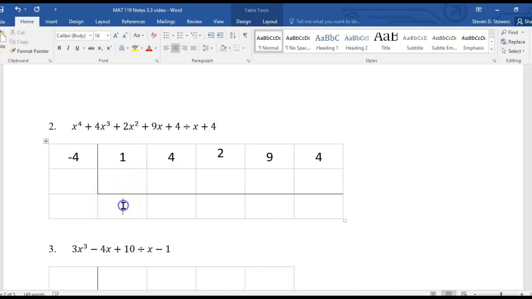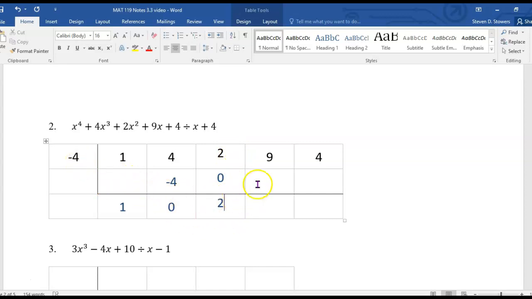So bring down the 1, multiply -4 times 1, and we get -4. Add 4 plus -4 is 0. Multiply -4 times 0 is 0. Add 2 plus 0 is 2.